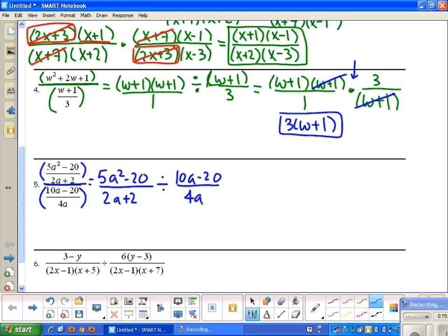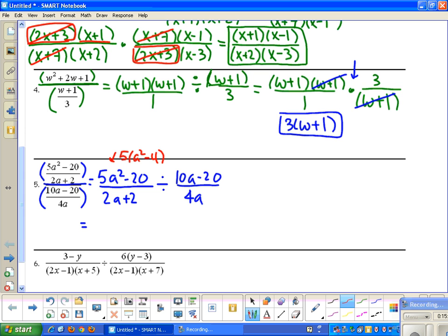So the next thing I'd want to do is go ahead and factor this, which I'm going to do underneath. So I know for the first part, look here, you have a greatest common factor, which is what you always look for first. So that means I know I can factor out a 5. If I factor out that 5, I get 5 times a squared minus 4. And inside my binomial, I have 2 terms, and it's the difference of squares, so I can factor that further.